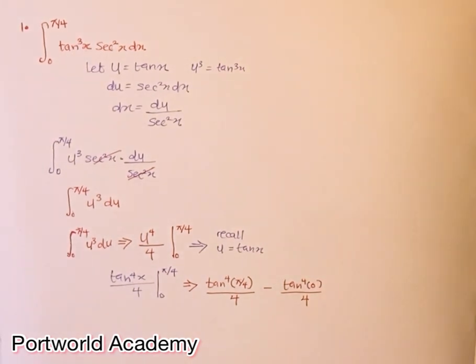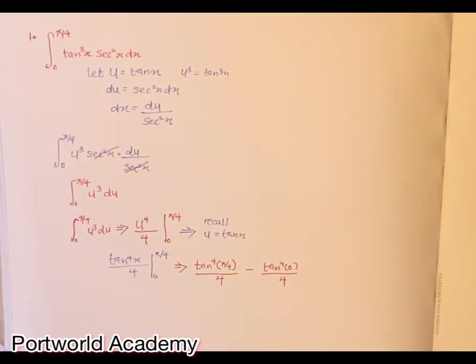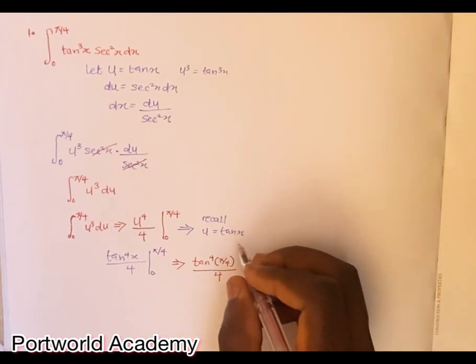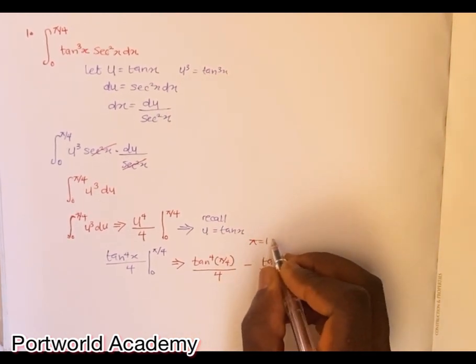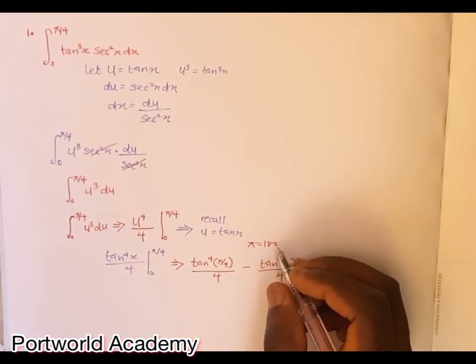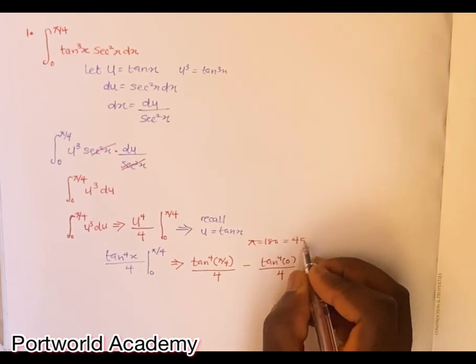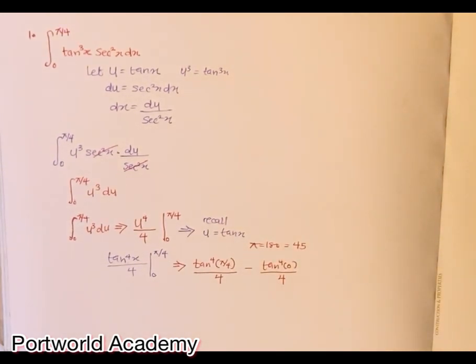But in this case, you just need to go ahead and simplify. As far as trigonometry is concerned, pi is taken to be 180. And 180 divided by 4 should give us 45. Let me just verify it. 180 divided by 4, I'm right, exactly 45.